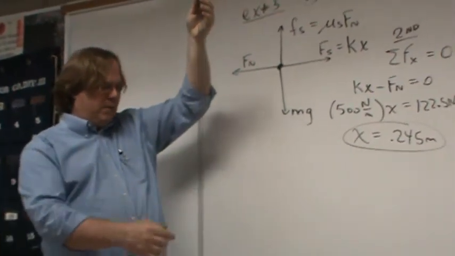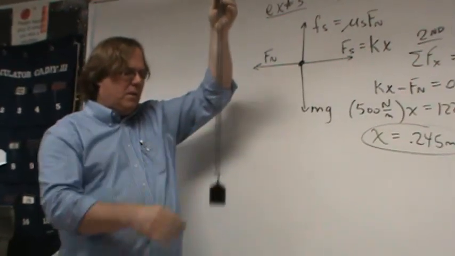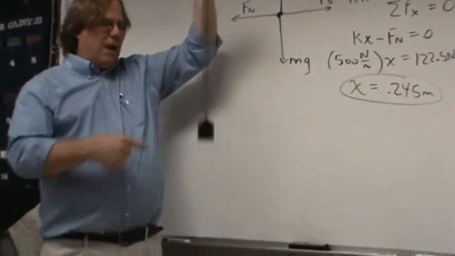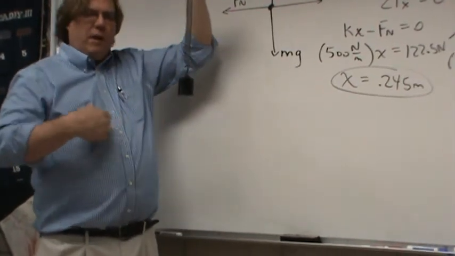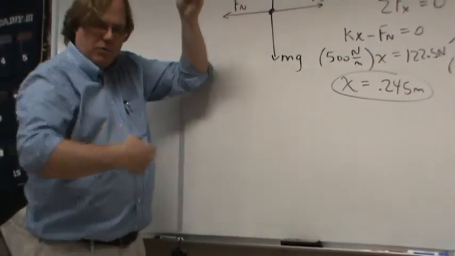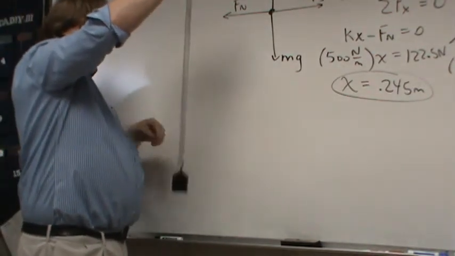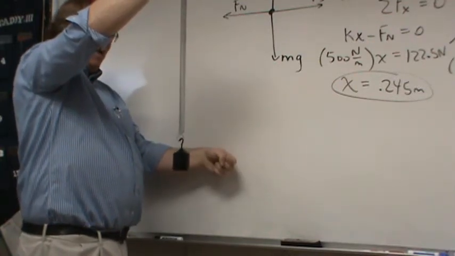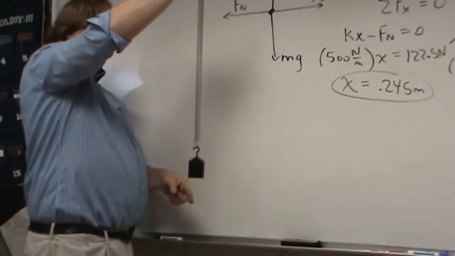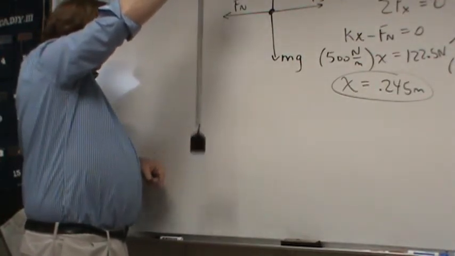So its displacement, at this moment it's there, then the next moment it's there, then the next moment it's there. Well, if I were to make a graph of its displacement versus time, then I would get a graph that goes along the x-axis. But one way to get that graph would be if I attached a pen. Imagine I attached a pen to this mass and had the pen writing on the whiteboard. So right now the pen is just writing up and down.